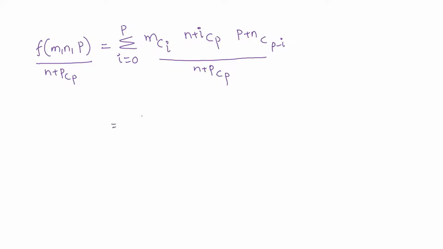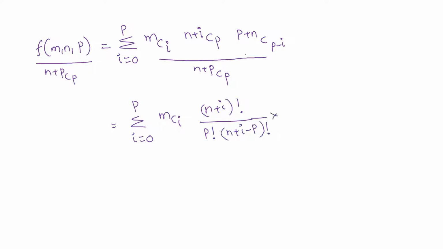Okay, so now let's simplify this one. What are we going to get? Summation i equal to 0 to p, and let's expand this. This one is going to be mCi, and if we expand this one using the definition of nCr, that will be n plus i factorial upon p factorial into n plus i minus p factorial.